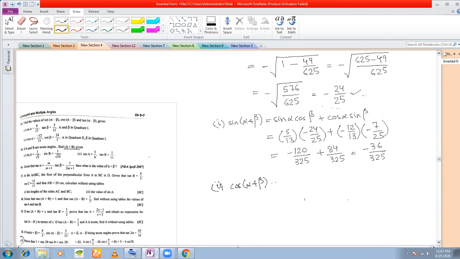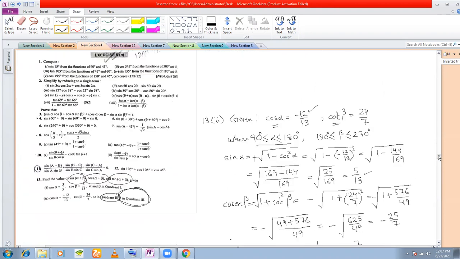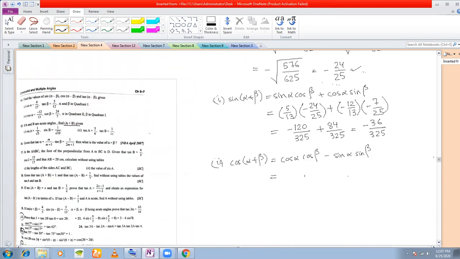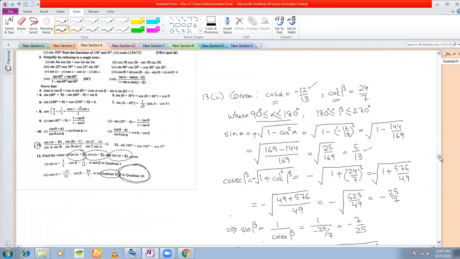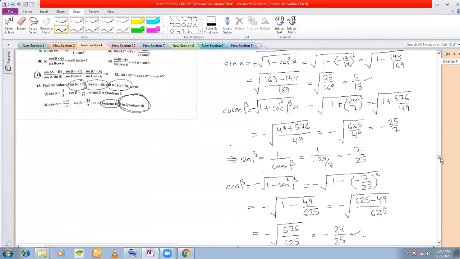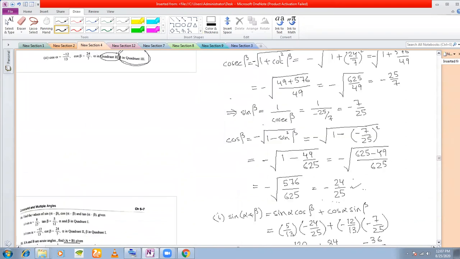Cos alpha plus beta is again cos alpha cos beta minus sin alpha sin beta, and cos alpha is given to us as 12 by 13, right? 12 by 13, and cos beta we have calculated to be 24 by 25.